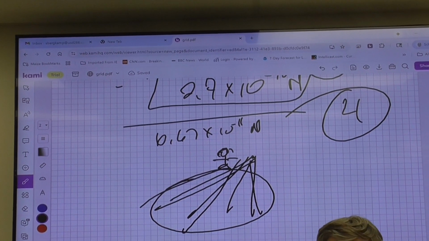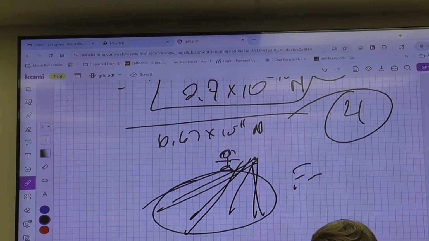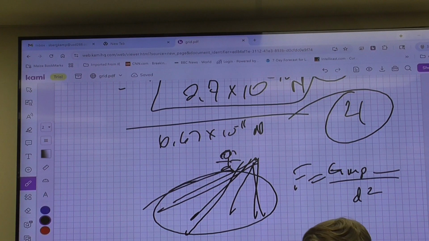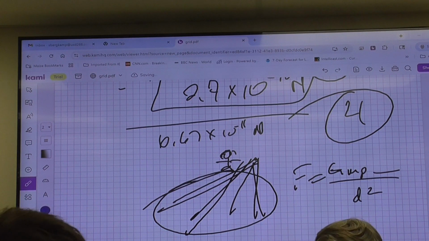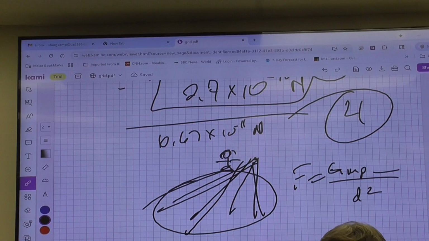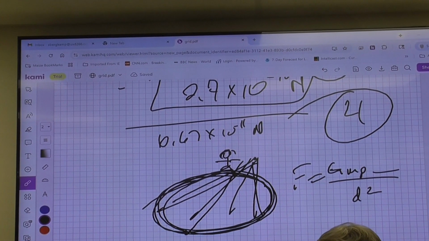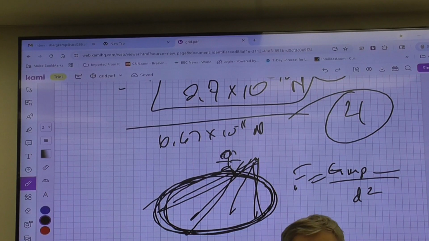So what we're going to do is F equals big G, mass of that proton, mass of something else, divided by distance squared. We're going to have to know the mass of that proton, and the mass and location of every particle that makes up the Earth. Every proton, electron, and neutron.